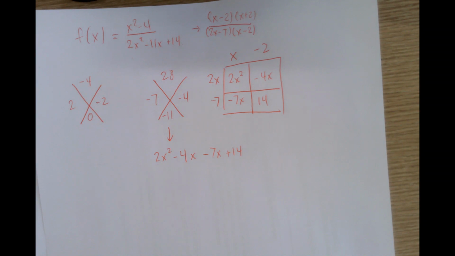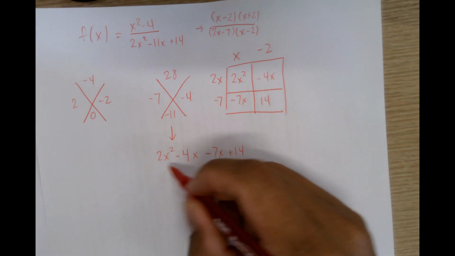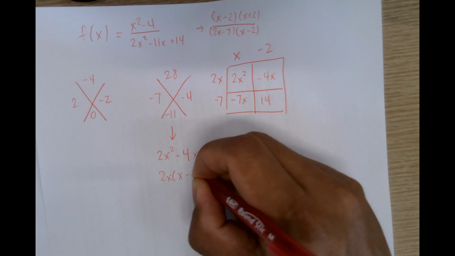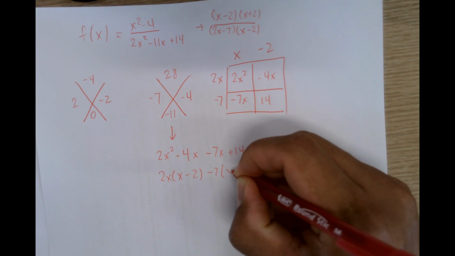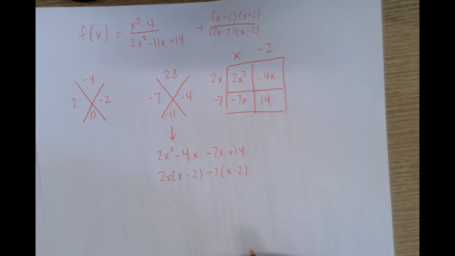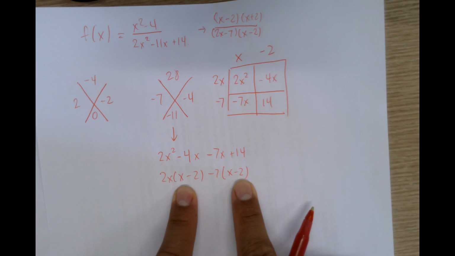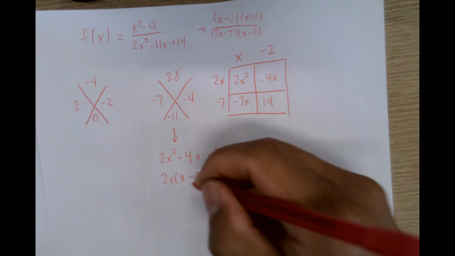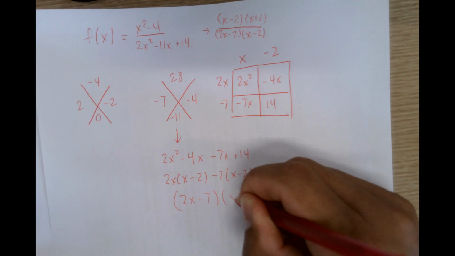So what I'm doing right now is essentially what I just did in the box method. I'm going to factor out the greatest common factor, so 2x, this would be x minus 2, and then I'm going to factor out the greatest common factor, -7, that's x minus 2. Remember that inside the parentheses you want exactly the same thing. If they're both multiplying the same thing, then they are going to combine into one parentheses, so it's going to be 2x minus 7, and then x minus 2.